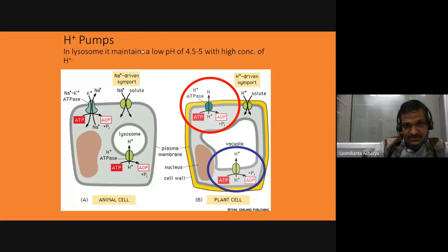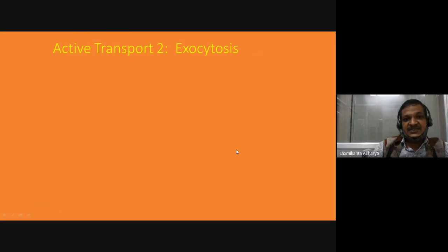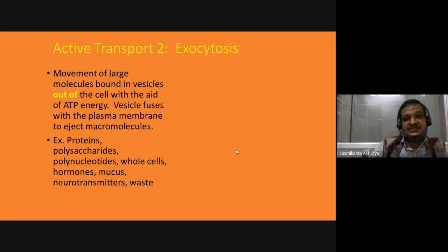Where is my pointer? Yes. And next, coming to exocytosis. In exocytosis, you will find that large molecules bound in vesicles are thrown out of the cell with the aid of ATP energy.